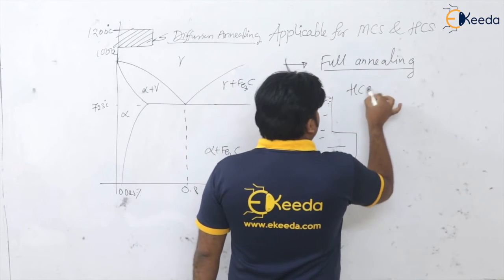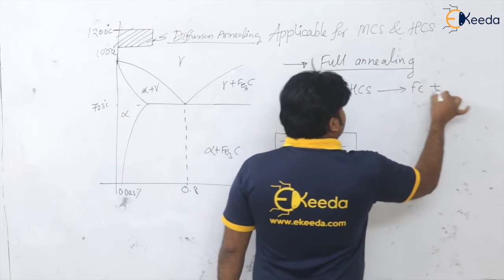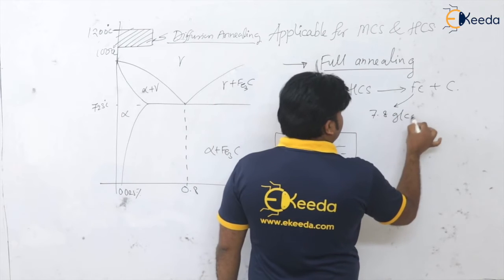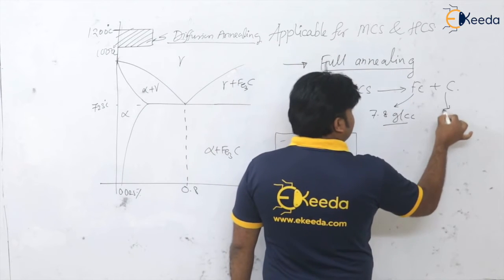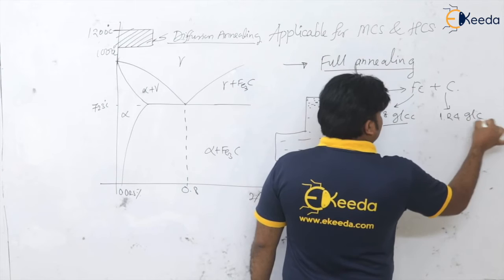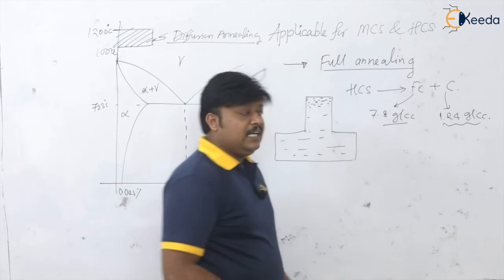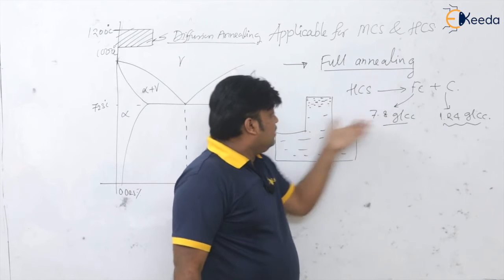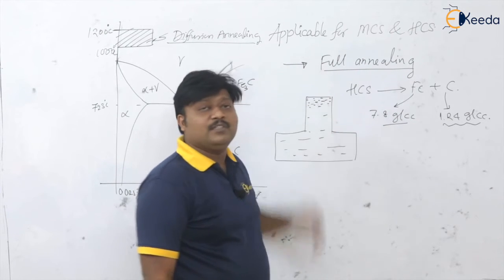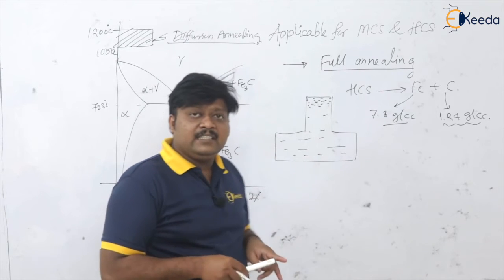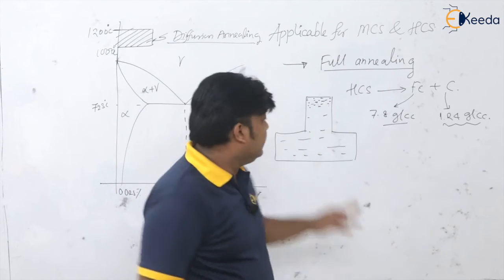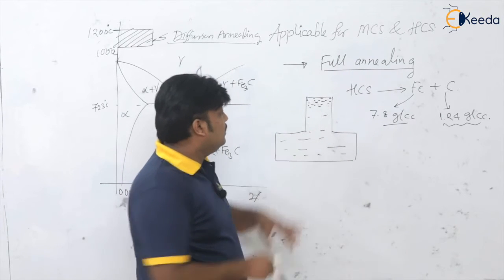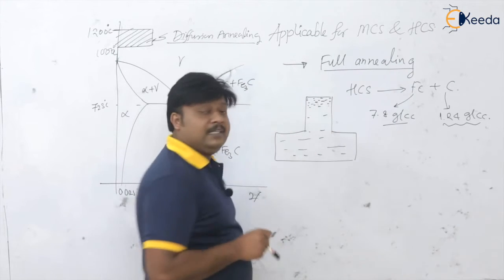Because if you take high carbon steel, it has iron plus carbon, and the density of iron is around 7.8 grams per cc. What is the density of carbon? It is 1.24 grams per cc. So it is very light. Because of this density difference, naturally the carbon tries to flow to the top surface. So there is a huge heterogeneity in the chemical composition. For that reason only we apply this diffusion annealing process.